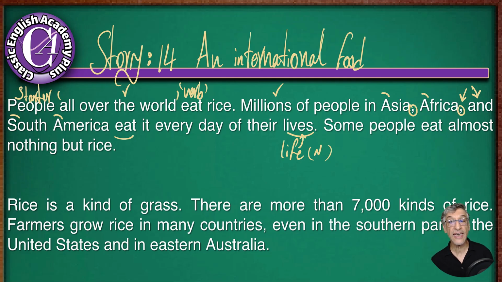Some people eat almost nothing but something. It is rice. It is a great fixed structure, somehow kind of an idiom or technique from a grammatical point of view, to talk about something. I eat nothing but butter and honey for breakfast.